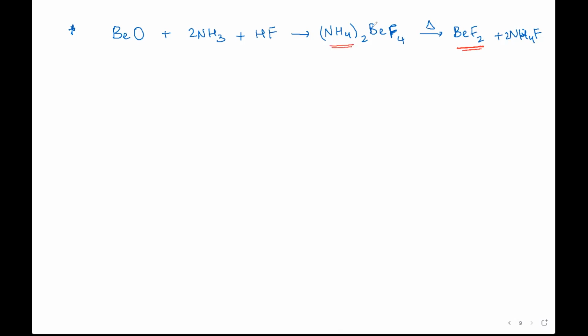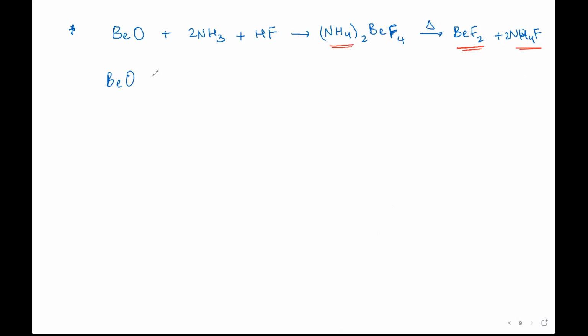Now this is a large complex. You've got beryllium in the middle connected to 2 ammonium ions and 4 fluoride ions. On heating, beryllium fluoride separates out from ammonium fluoride. Now to prepare beryllium chloride, again take beryllium oxide.